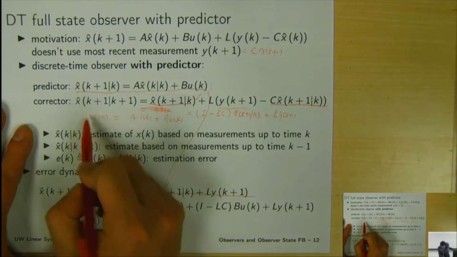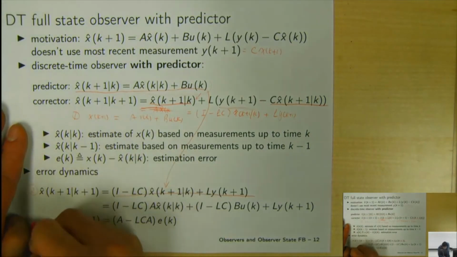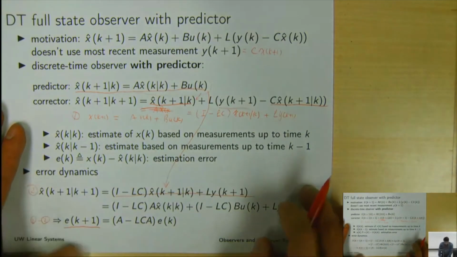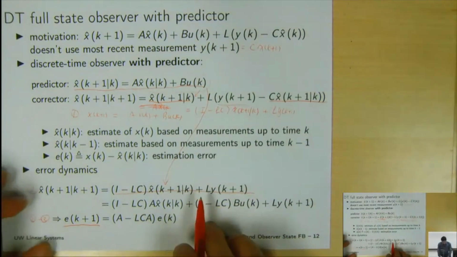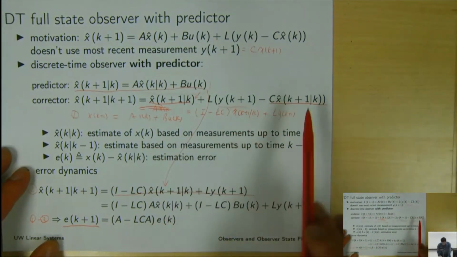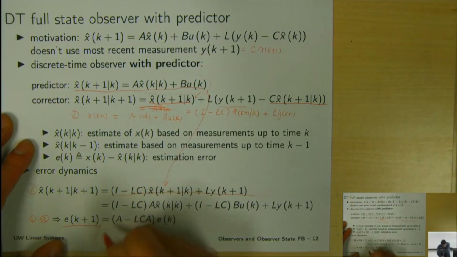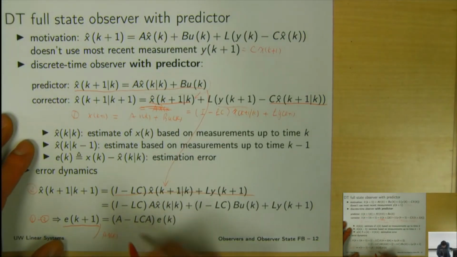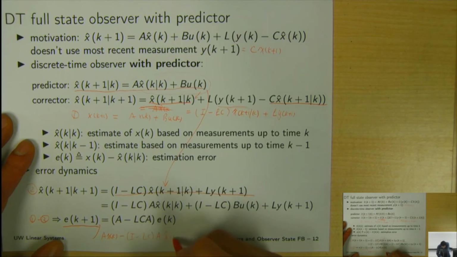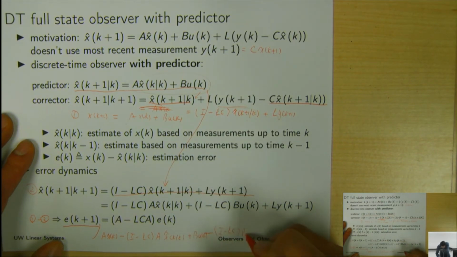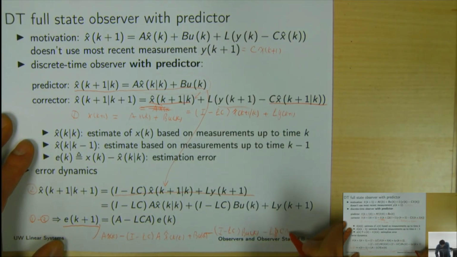So then let's do the subtraction. Let's do subtraction of equation 1 with equation 2 to get, let's see, A x k minus I minus LC A x hat k given k plus B u k minus B u k minus I minus LC B u k minus L y k plus 1, which is C times x k plus 1.